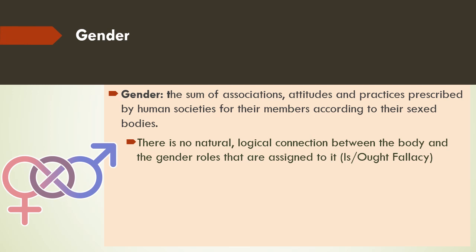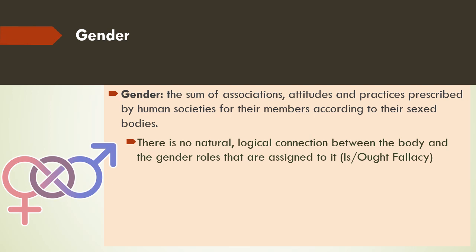Gender is constructed, and it's socially constructed based on these physical attributes. But it doesn't have to be any necessary connection for the physical body to result in any particular kind of gender identity. There is no natural logical connection between the body as it exists physically and any gender role assigned to it.